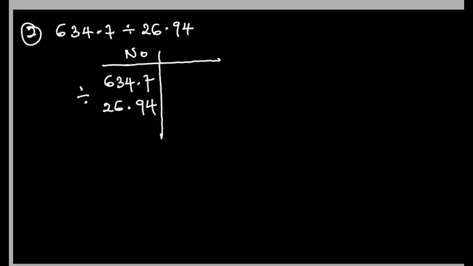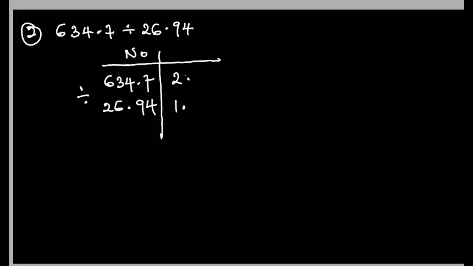The whole number here is just 634, so it has 3 digits. 3 digits minus 1 gives us 2 digits left. Here we have 26.94. 26 is the whole number and it has 2 digits. 2 digits minus 1 is just 1. I will have 1 here and 1 here.